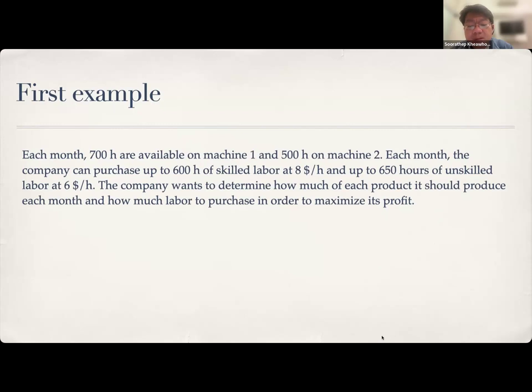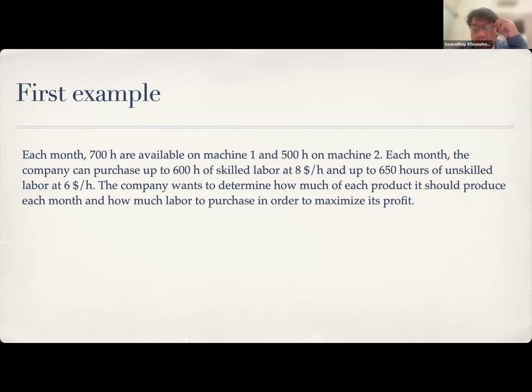Just one moment. Oh, sorry. Okay, so we have 5 rooms.